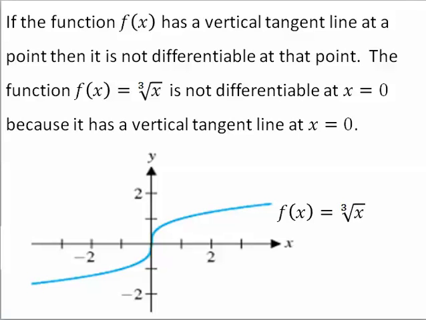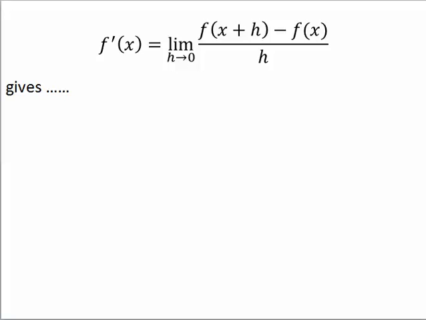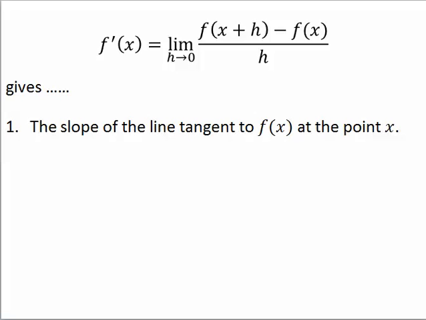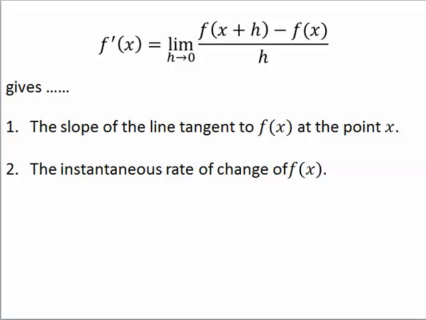All right, so wrapping this conversation up, f prime of x, which is found using this limiting process, gives the slope of the line tangent to the function at the point. It gives instantaneous rate of change of the function. It gives what we call the derivative of the function.